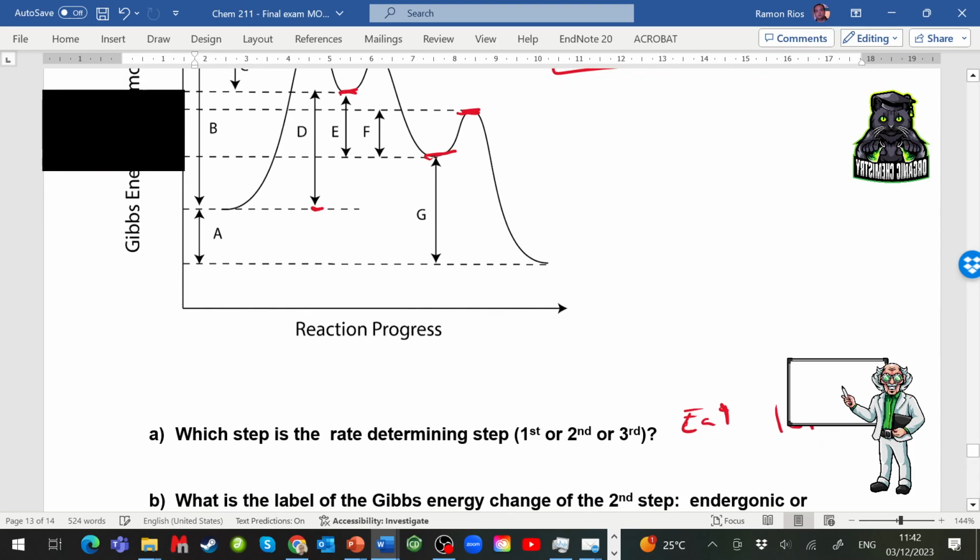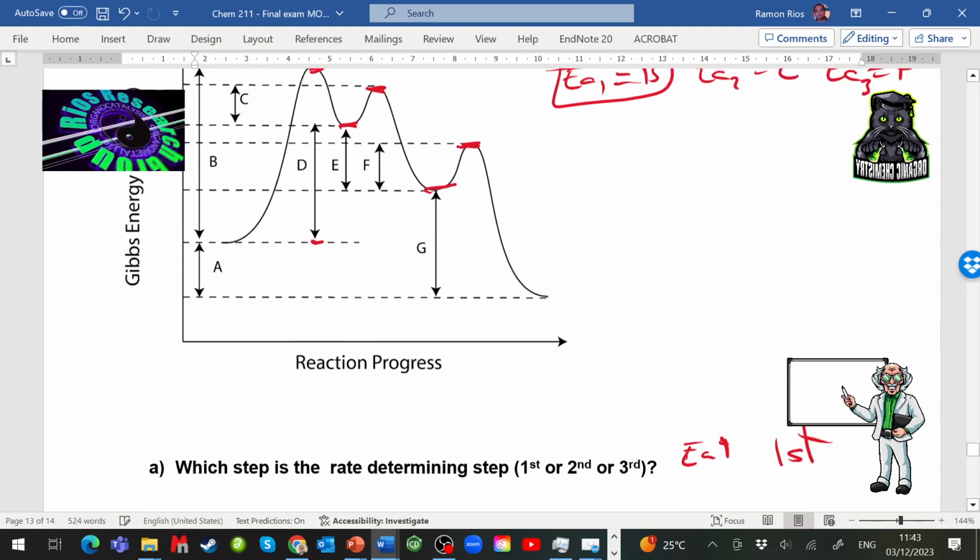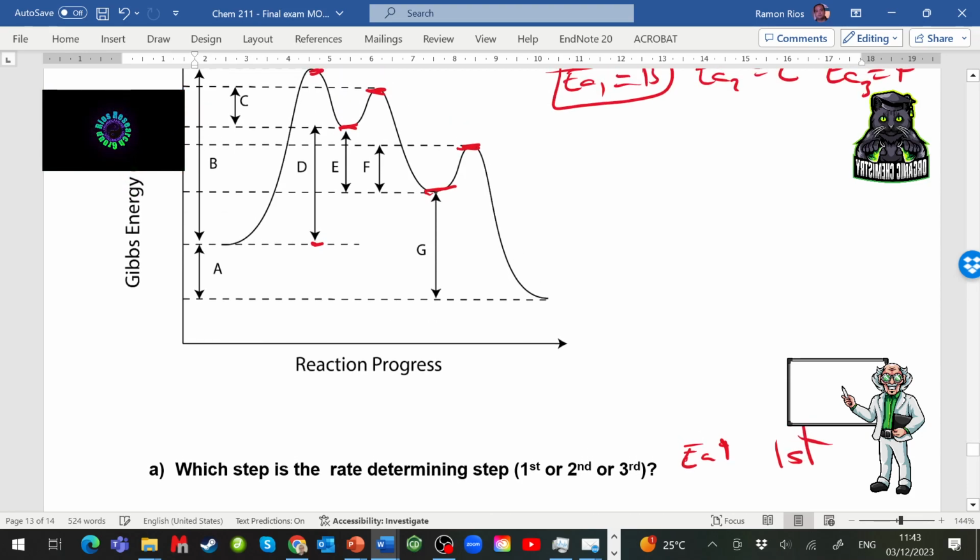Second question, what is the sign of the Gibbs energy change of the second step? Endergonic or exergonic? In the second step, we have from here, the starting material of the second step, until here. That means that the final product is more stable. The variation of Gibbs energy of the second step will be F. No, will be E. Sorry.